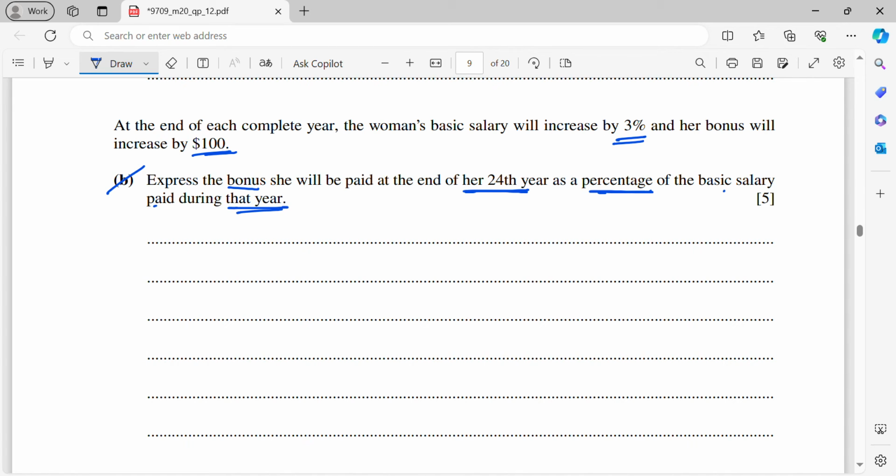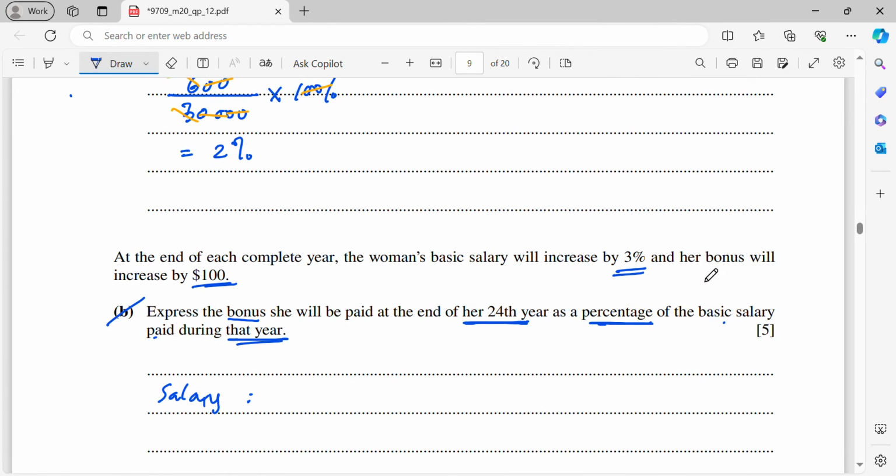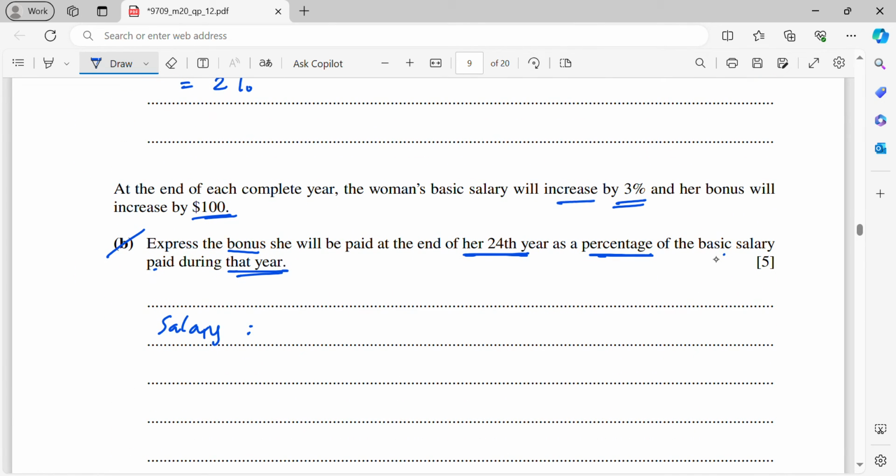Okay, so now for salary, the initial salary, because it increased by 3%, right? That means this is a geometric progression. So the r will be 1.03, because 3% means 0.03. Because of the increase, you add to the original ratio, that is 1, and hence I get 1.03.